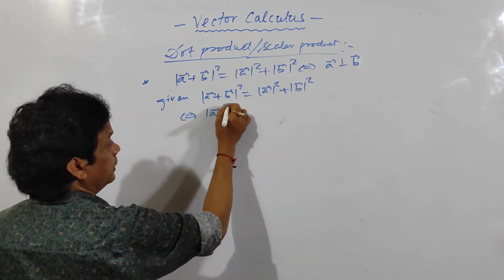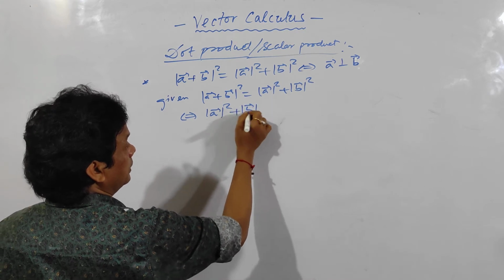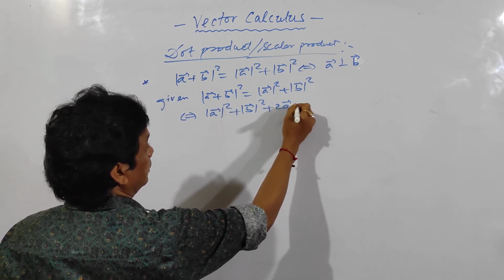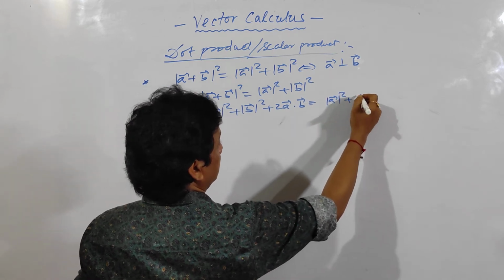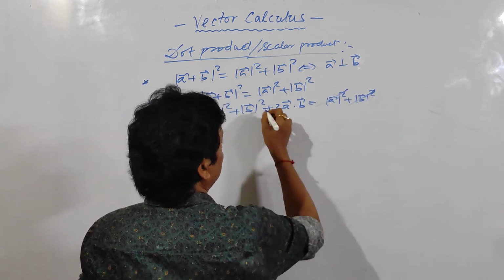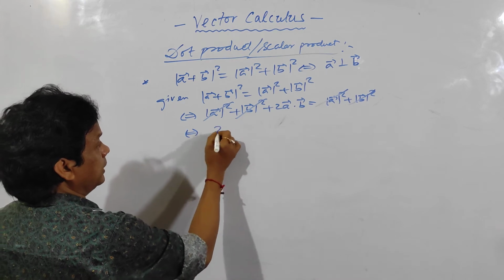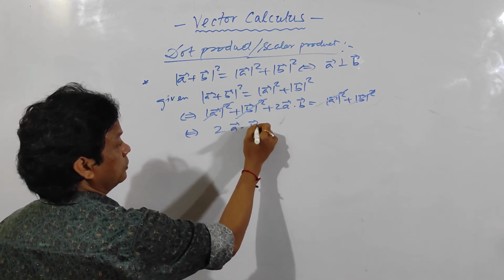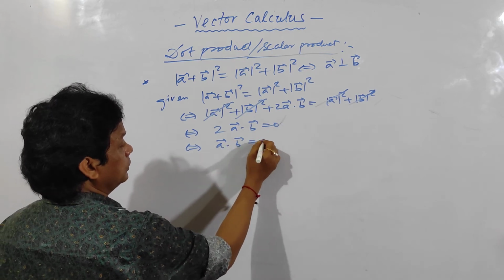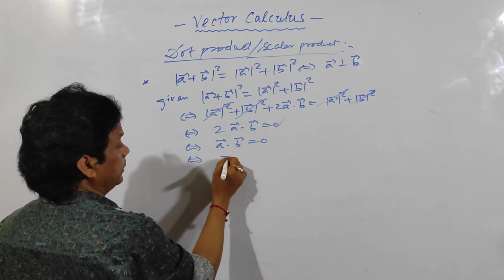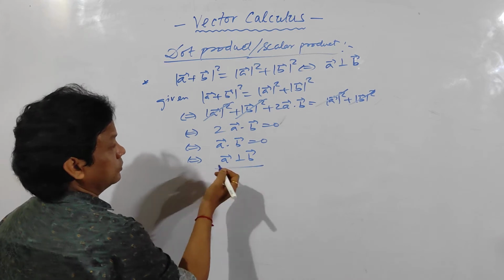It is |A|² + |B|² + 2 A·B is equal to |A|² + |B|². So these two cancel with these two. So it implies twice of A·B is equal to 0. So implied and implied by A·B is equal to 0, which implies and is implied by vector A perpendicular to vector B. This is the requirement.